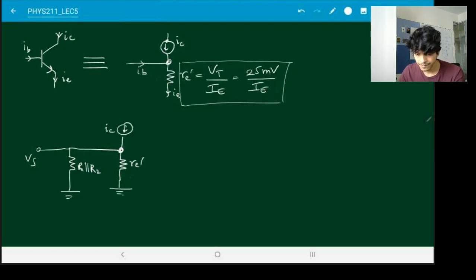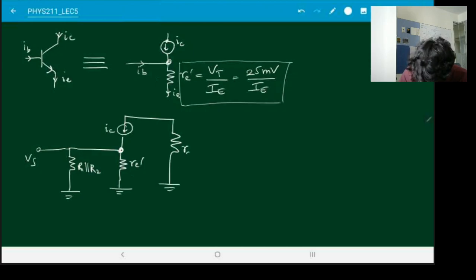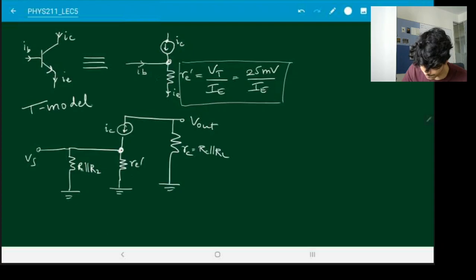What else did we have? We had RC, which was RC parallel RL, and here is where we are taking the output. Now when we draw the circuit like this, this kind of description is called the T model. It's a T model of simplifying a transistorized circuit.